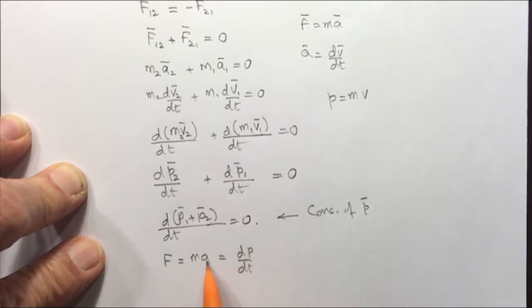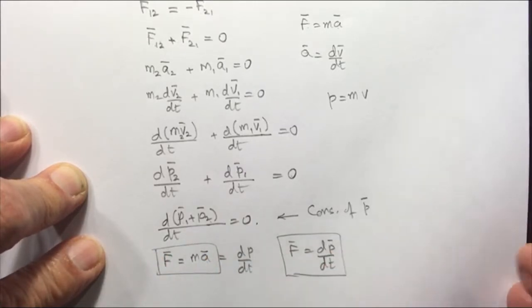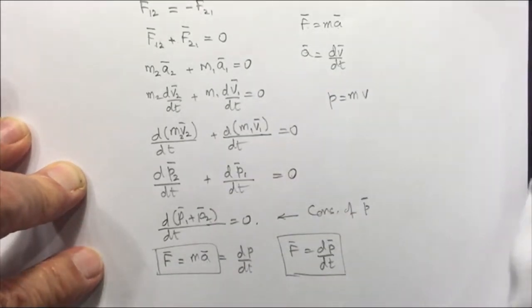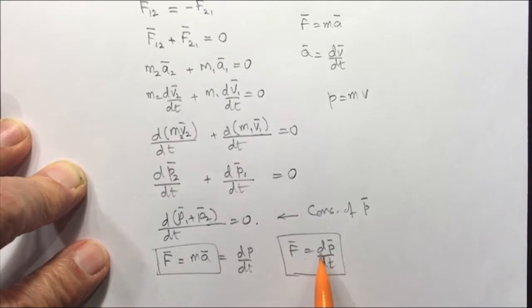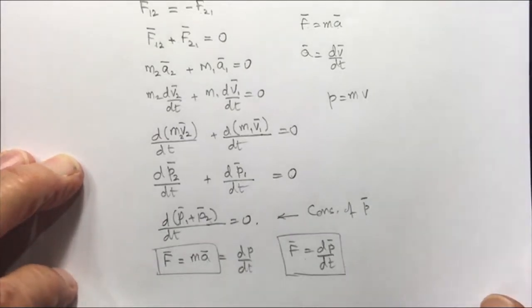So force can be written as ma, and force can be written as dp by dt. So F is the rate of change of momentum. This is an alternate way of writing the second law. And it's useful when the mass is also changing, for example, in rocket propulsion. In those cases, it's better to use this equation rather than this, because here mass is constant and here mass may be variable or may be constant.